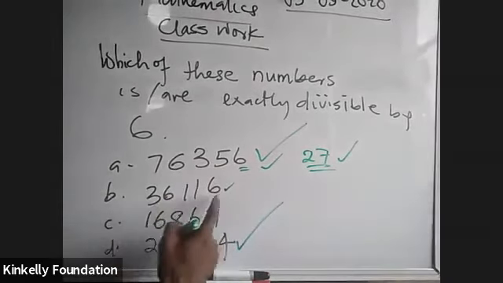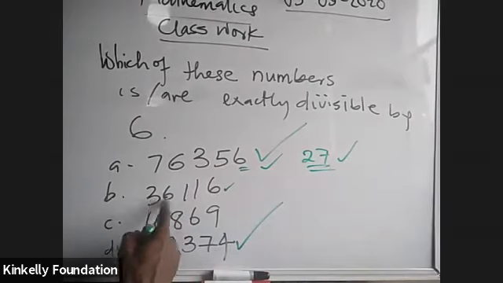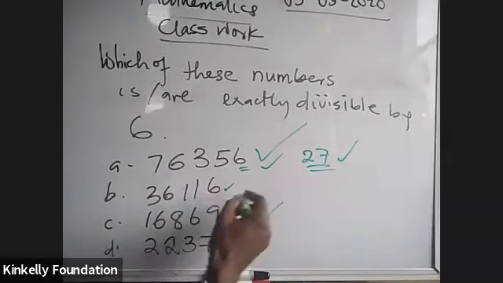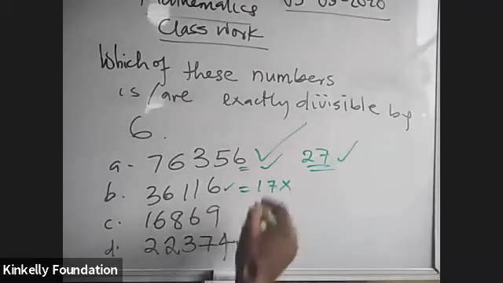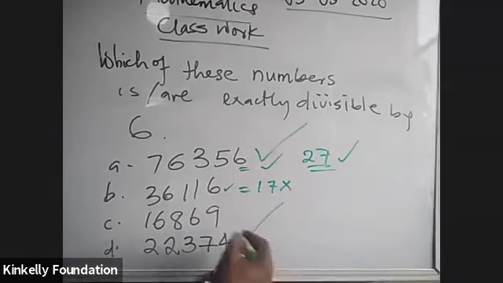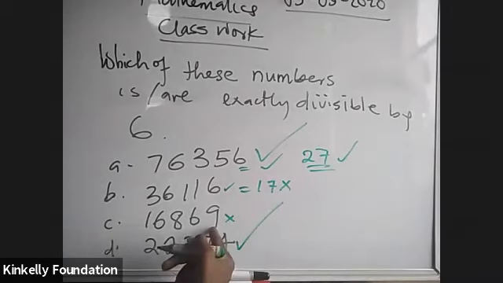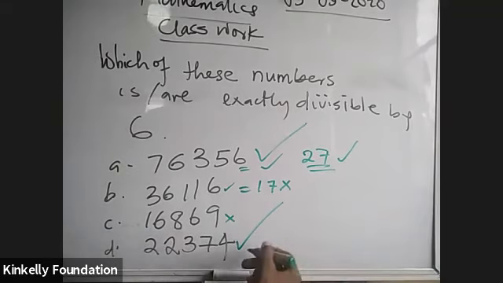But this one is even, but the sum is 9 plus 1, 10, 11, and so on, 17. The sum is 17, which cannot be divided by 3. This one is not divisible by 2 because it is not an even number. While this one is divisible by 2 and also divisible by 3. So we thank you for that.